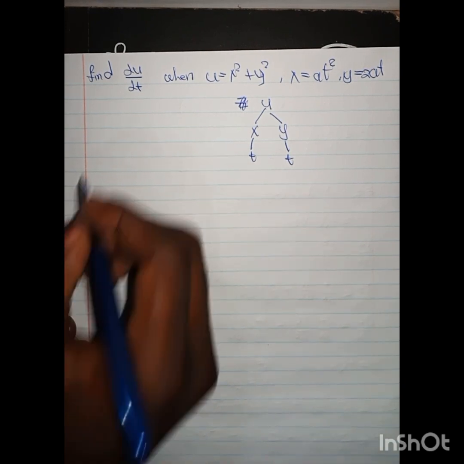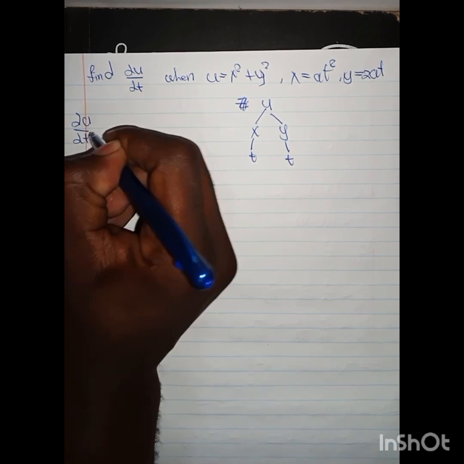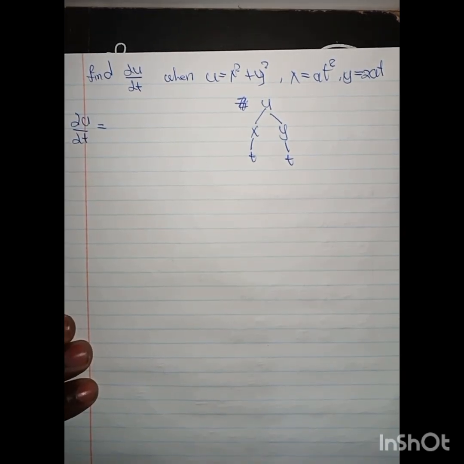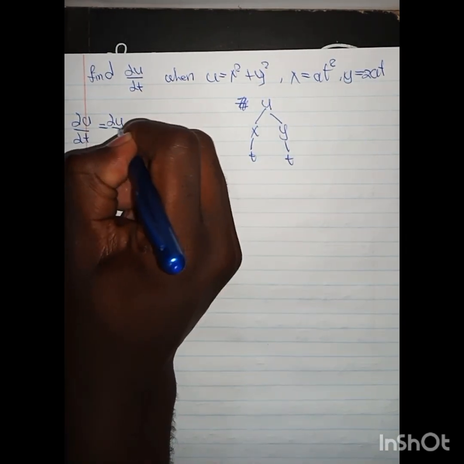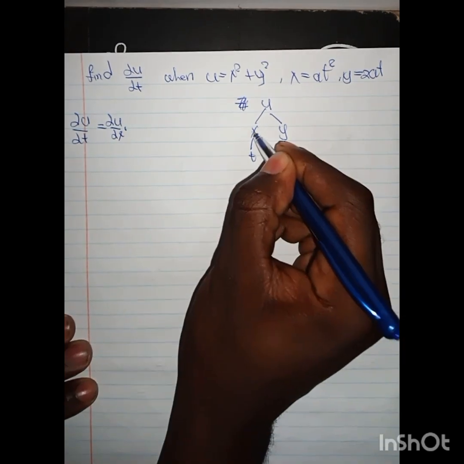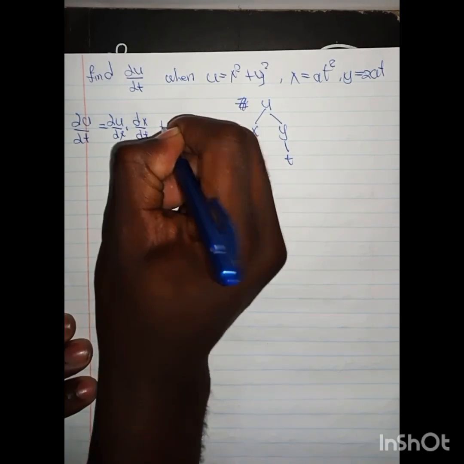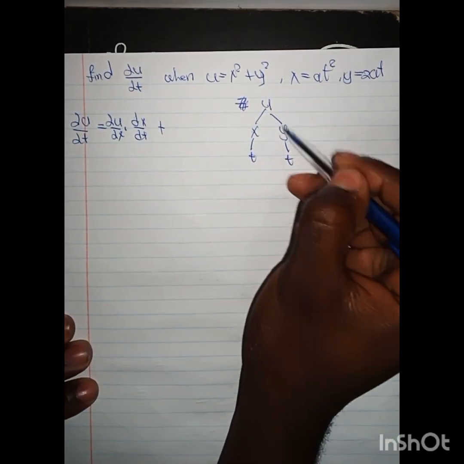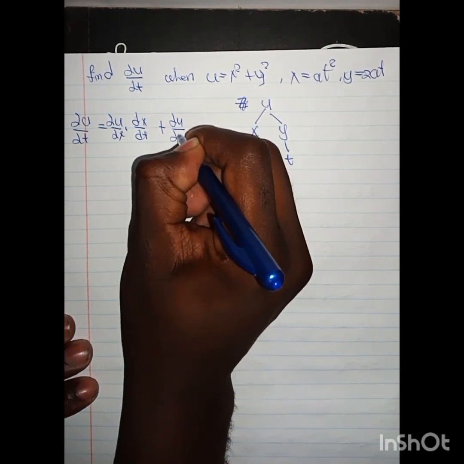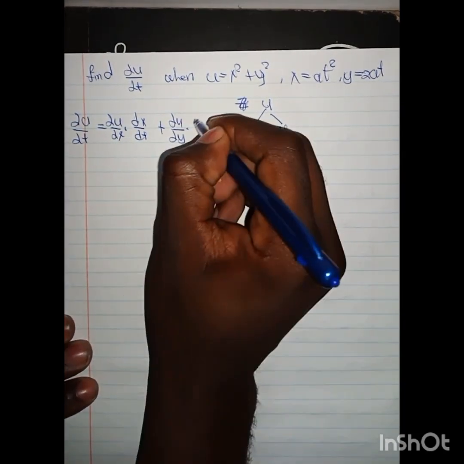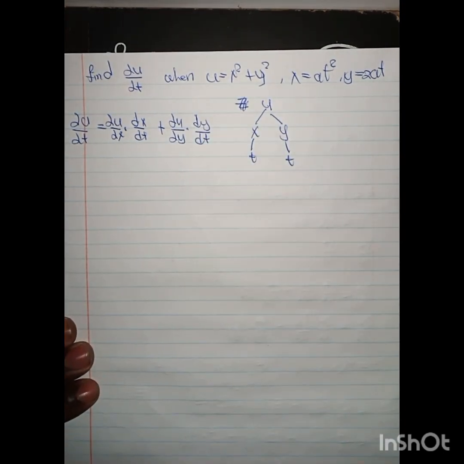And then for the approach, we are going to have du/dt equal to du/dx multiplied by dx/dt, plus du/dy multiplied by dy/dt.